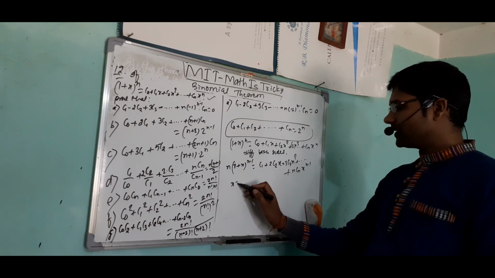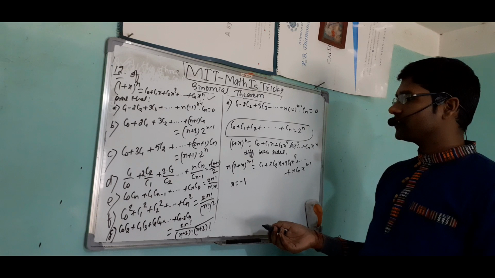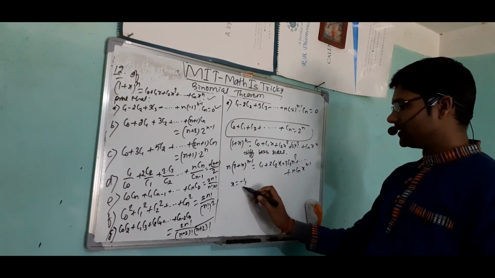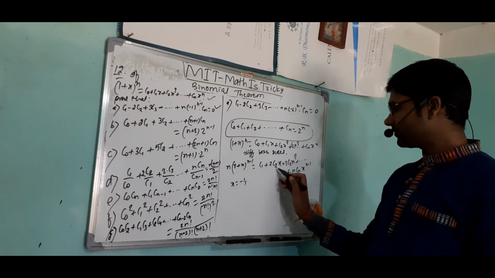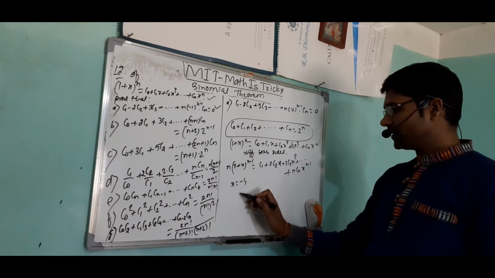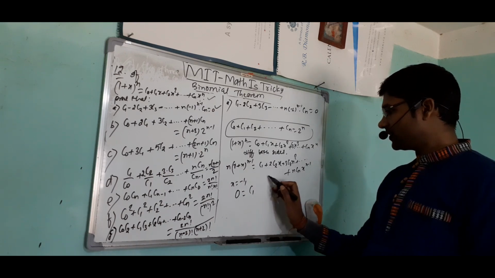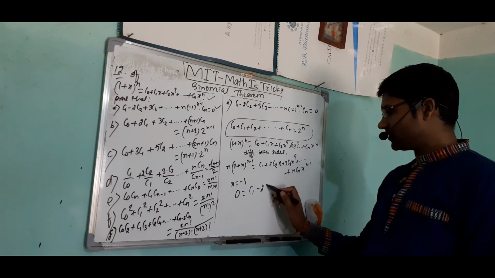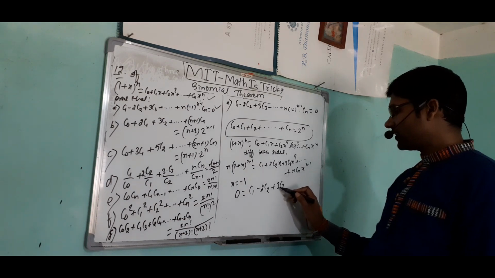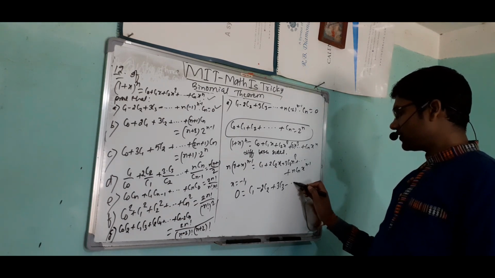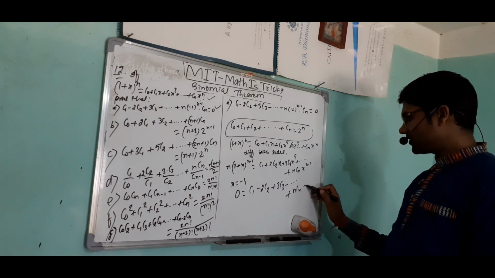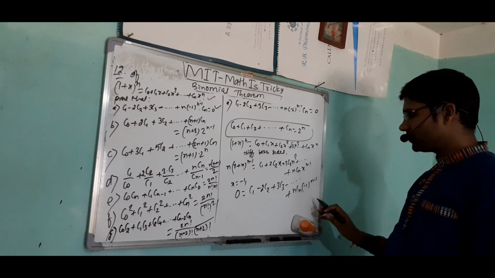So if you put x equals minus 1, because in the right hand side we have 0, putting x equals minus 1 gives 0. Also you can see this term is negative, so how do we get it negative? Putting x equals minus 1, this will be 0 equals c1 minus 2 c2 plus 3 c3, then minus, dot dot dot plus n cn times minus 1 power n minus 1. This is what we need.